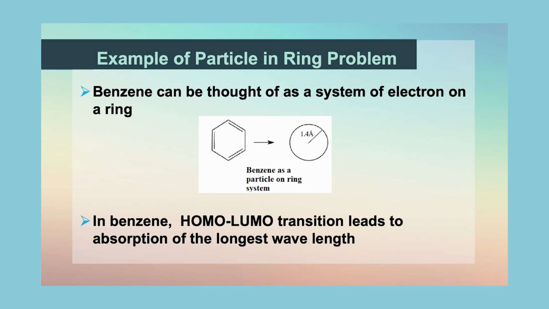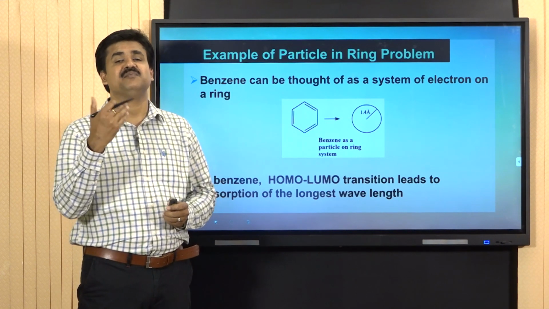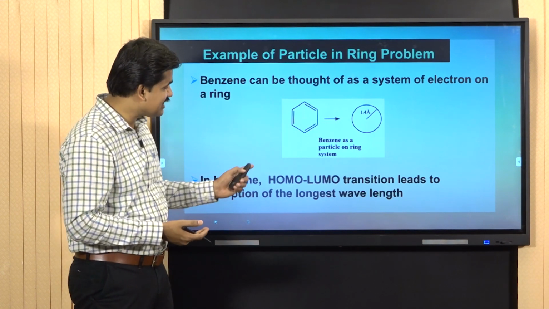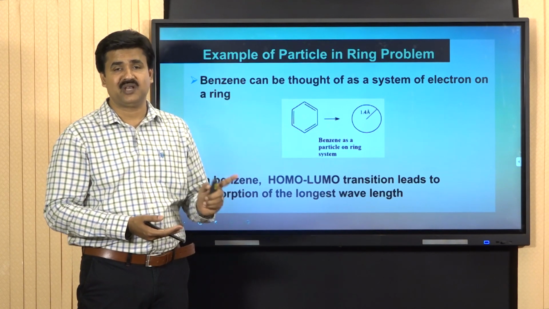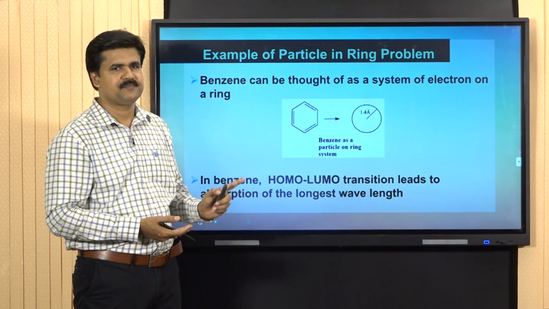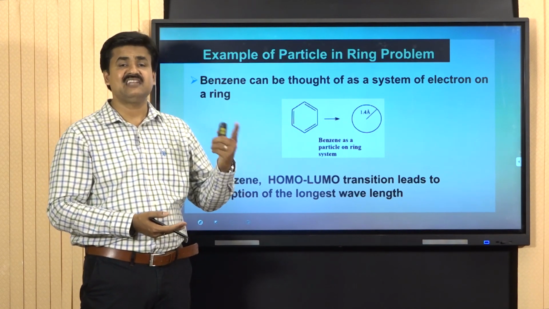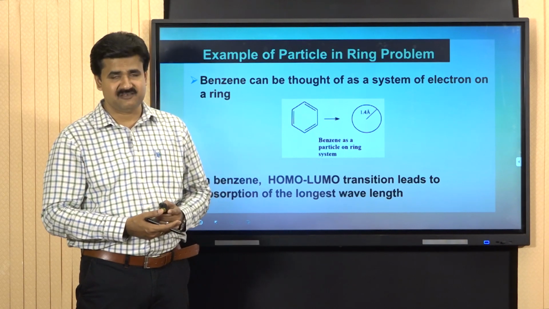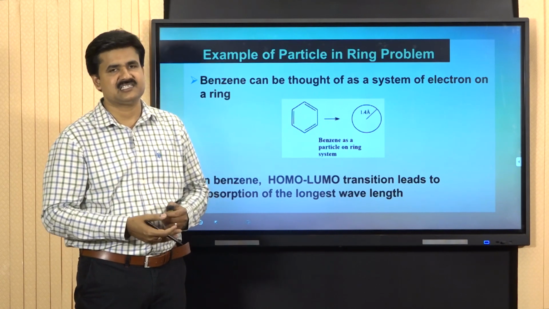LUMO represents the lowest unoccupied molecular orbital. These are two nearby energy levels in the benzene molecule, and the transition of an electron from the HOMO level to the LUMO level produces absorption of some wavelength, and that will be the longest wavelength. That is, that transition is the minimum energy transition.